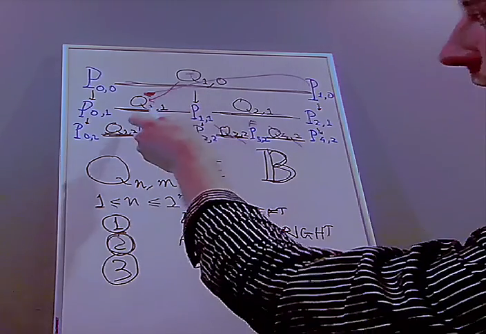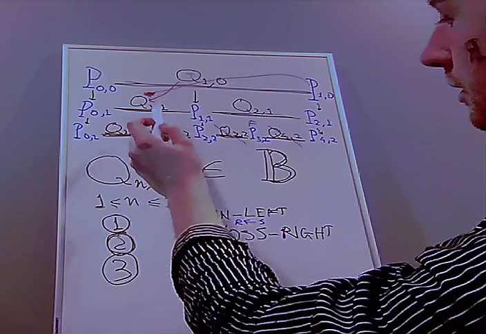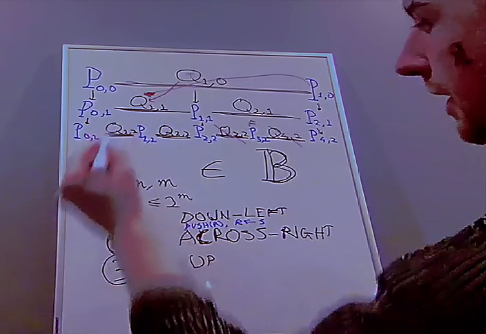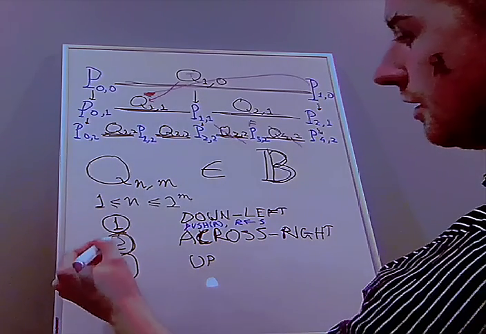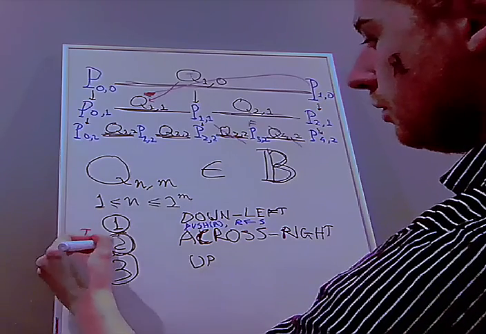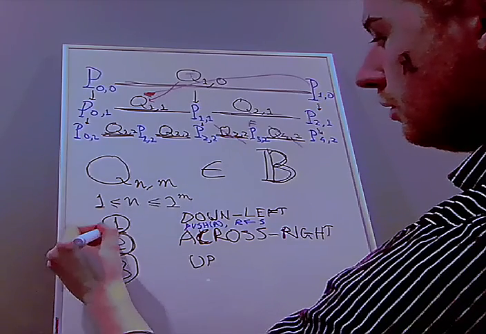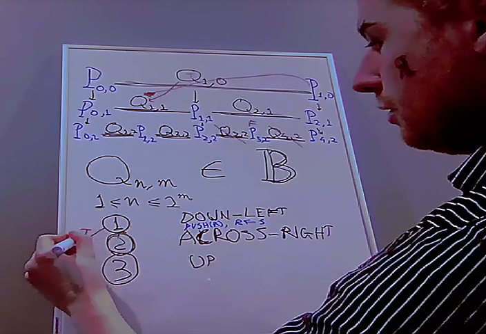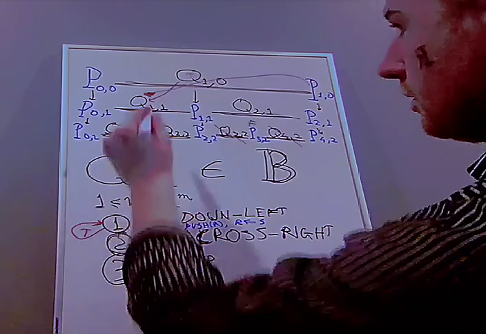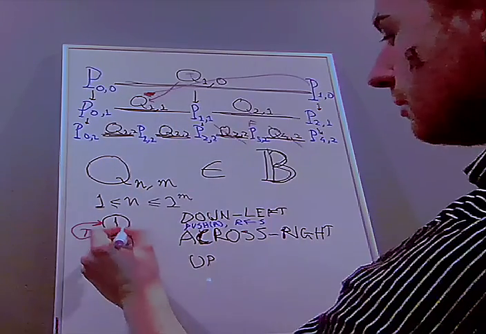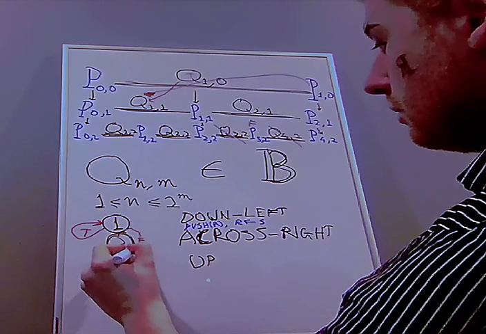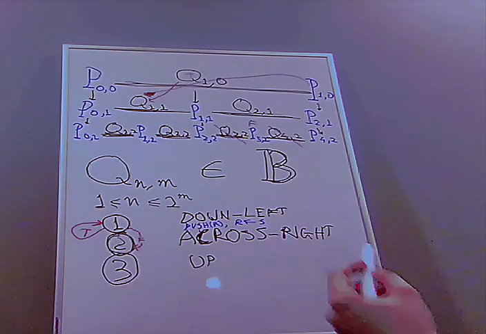So once we've gone down to the left, if we go down to the left again, we have to repeat that step. That's the crazy thing. So upon true, one just loops back onto itself, and upon false, it goes across, so we're about to explore across to the right.